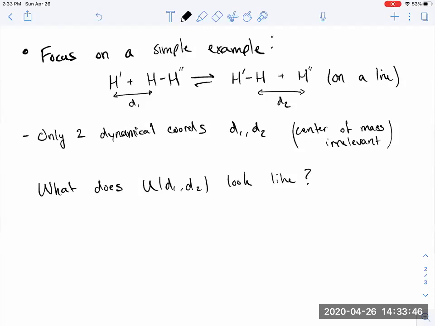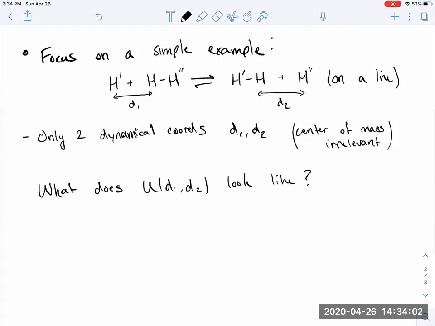Now, before we get there, I want to take a second to prime you all a little bit with a refresher on dynamics on potential energy surfaces. You probably haven't really thought about this much since a mechanics class you took maybe your freshman year or so.